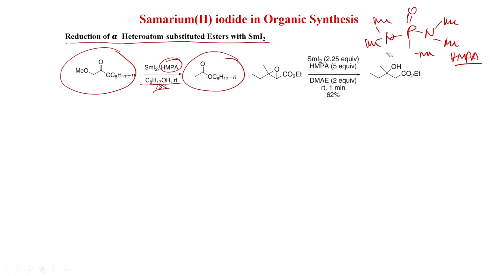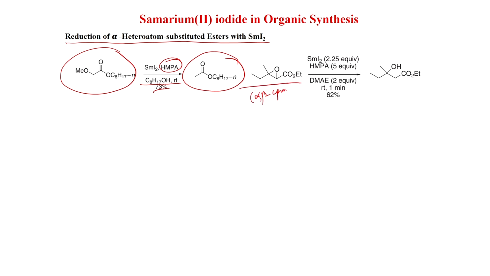Also, this one, alpha beta epoxy S star. So, like ketones, we have seen the S stars can also be opened here. Here, samarium iodide, HMPA, and then DMEA is added.